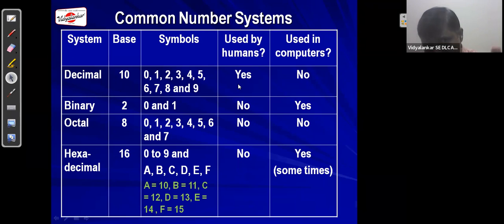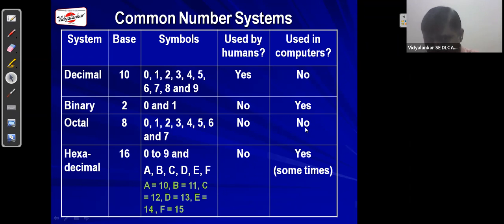If you see this table very carefully, you will find that the decimal number system is extensively used by humans. The binary number system is extensively used by a machine or a computer. Octal number systems are totally outdated.